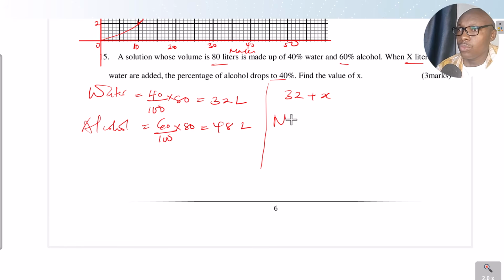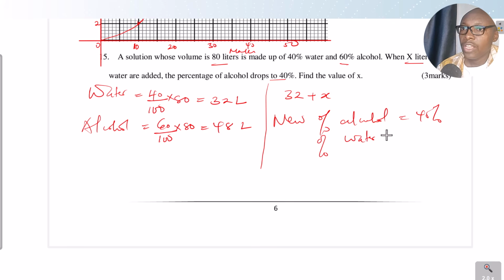That means the new percentage of water will be 60%. So water is going to rise by 20%, because if alcohol drops to 40%, water will be 60%. So that is after adding X liters.